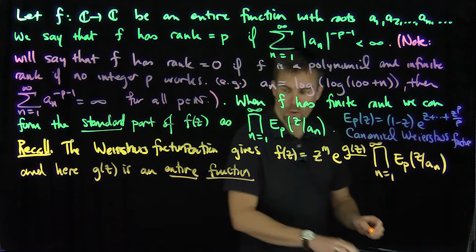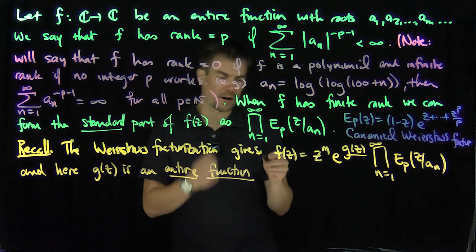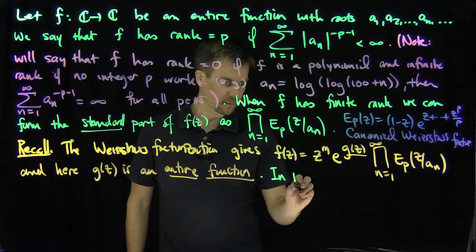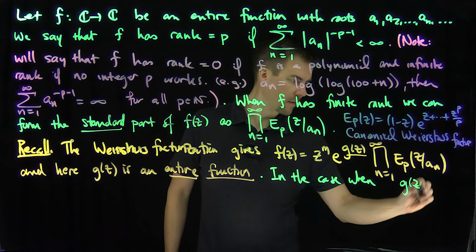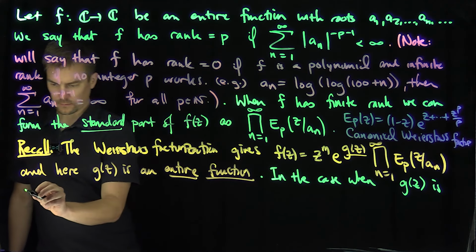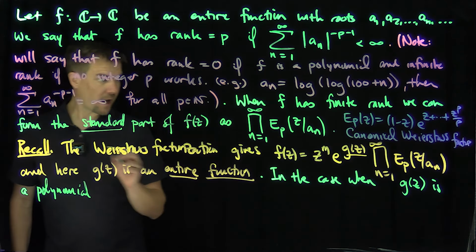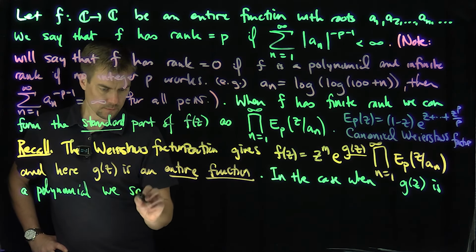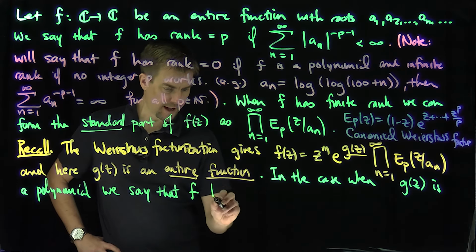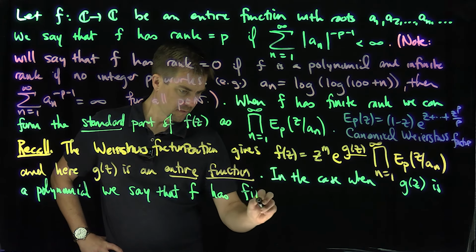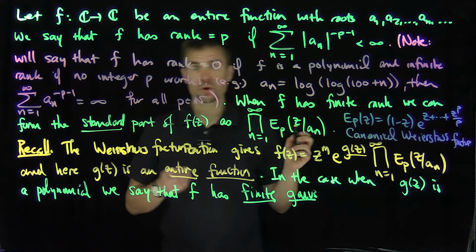Now what would be great is if g of z was a nice entire function, like a polynomial. So in the case when g of z is a polynomial, we say that f has finite genus. And what's the genus?